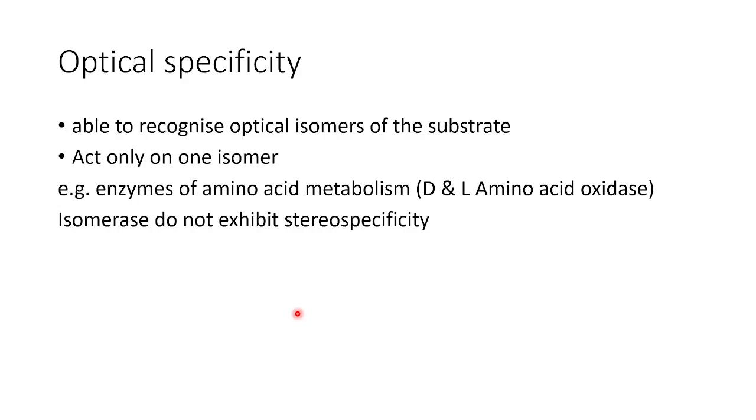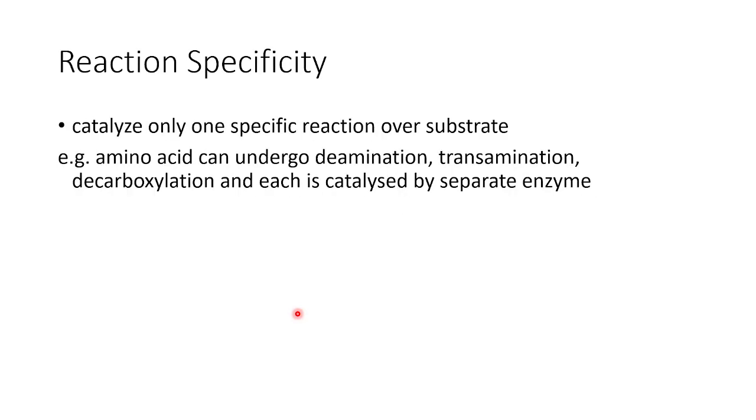It will be able to identify maybe an alcohol, but not an ester, which is a product of that, or maybe even an aldehyde or a ketone. Now, reaction specificity is that amino acids can undergo deamination, transamination, decarboxylation, and each should be catalyzed by a separate enzyme. So it can catalyze one specific reaction over the substrate.